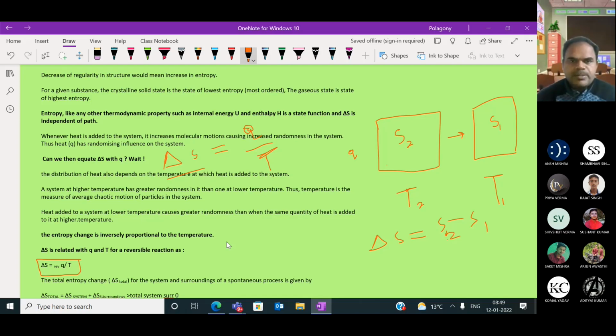But why has this concept come up? Why did the second law of thermodynamics come into existence? Can anybody tell us why? What could be the reason? What is the defect of the first law of thermodynamics?